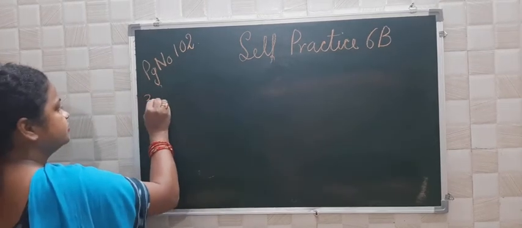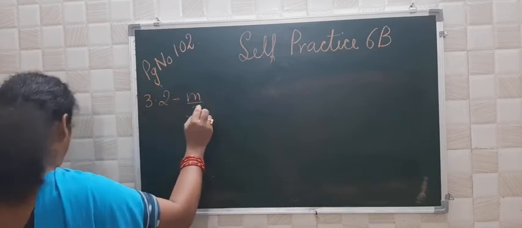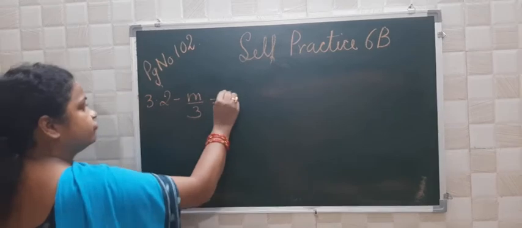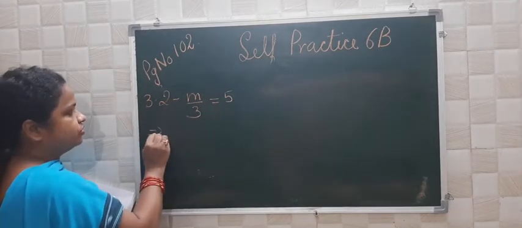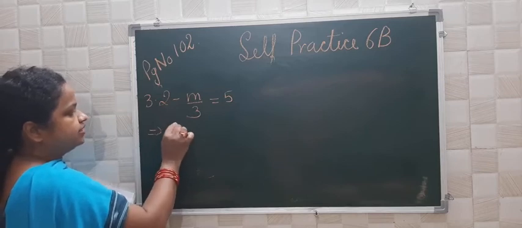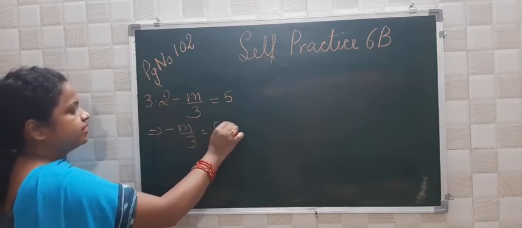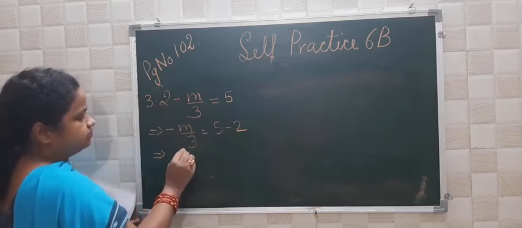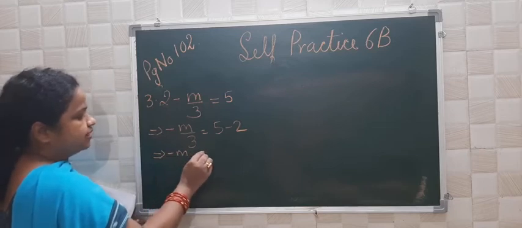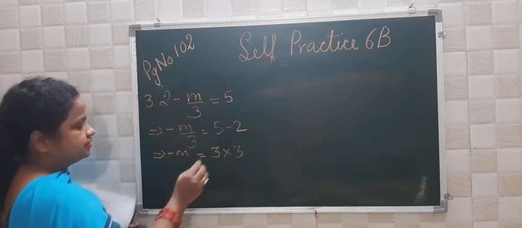Third one, 2 minus n by 3 is equal to 5. Okay. Now what you will have? Minus n by 3 is equal to 5 minus 2, which implies minus n is equal to, 5 minus 2 is 3 and 3 threes are 9.